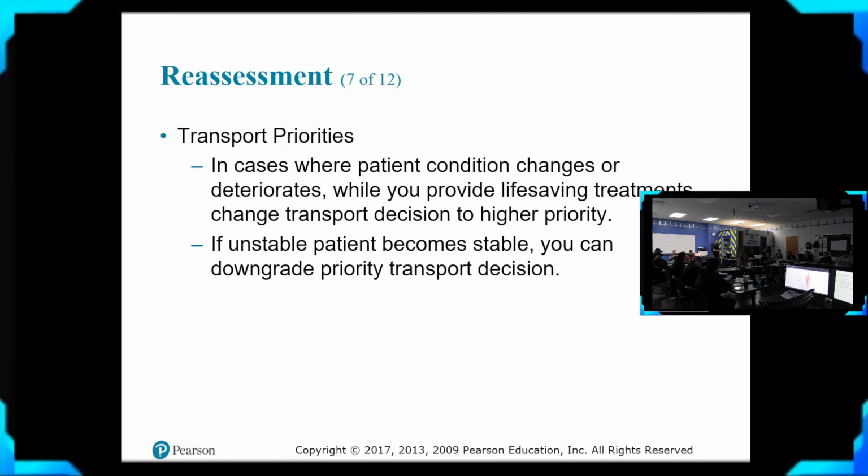Transport priorities are going to be up to you. Go with your gut. Again, lights and sirens versus just flashing lights don't really make that much difference. Heavy traffic, absolutely, they make a difference. But those big 550 ambulances cap out at 87, which is interstate speed for most of us.